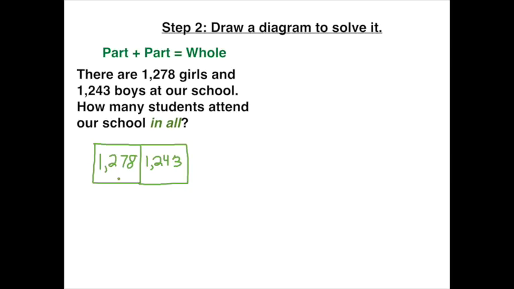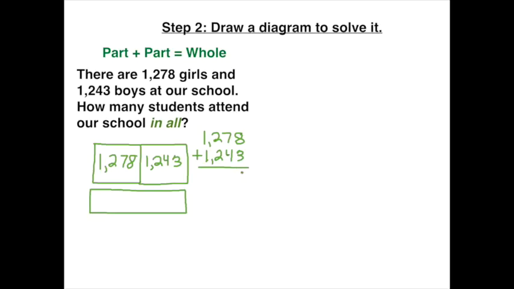Put those pieces together, and I will find a total. So I will add those together to find out. Let's see, 1,278 plus 1,243. I'm going to add these together a little quickly because we've already covered this in previous lessons.